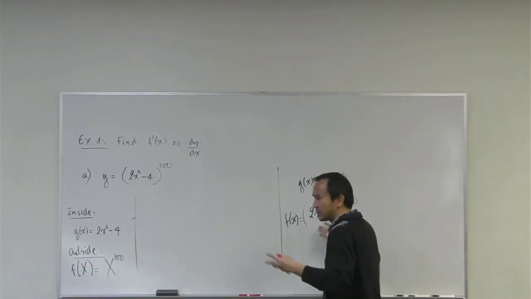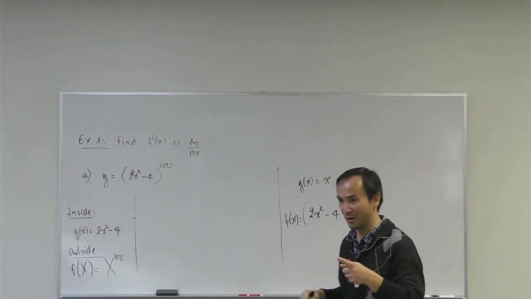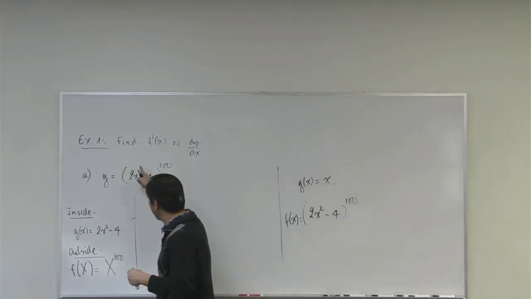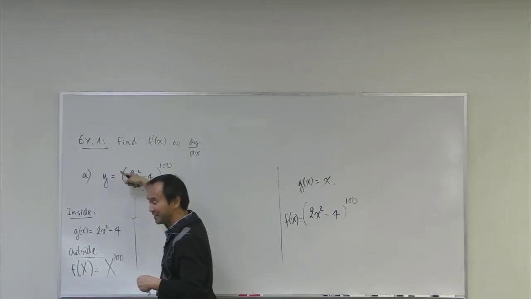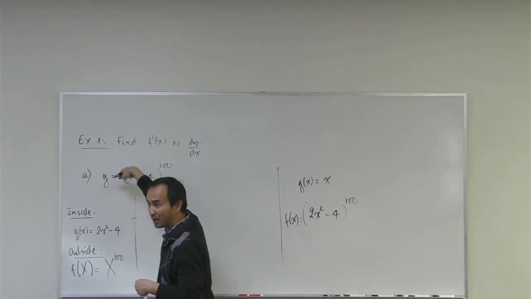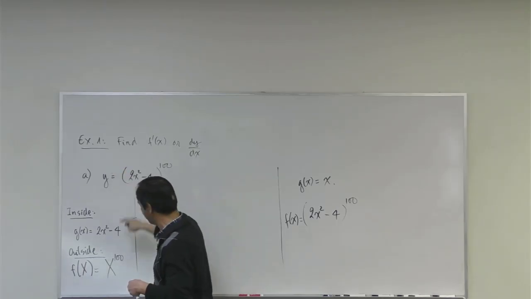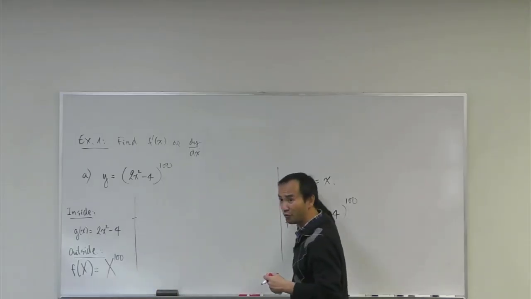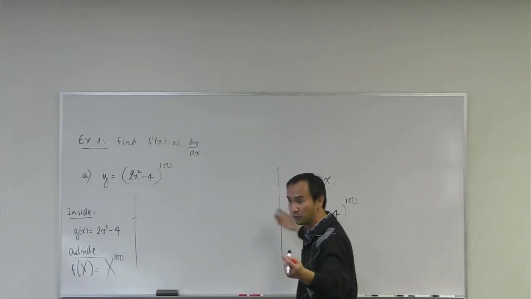You're not helping yourself. Are you understanding what I'm trying to say? So choosing an inside, we pick a complicated expression that looks complicated enough, and then outside of that there's some other-level operation applied on top of it. We call that the outside. But choosing something like x, technically it's not wrong, but it's not useful.